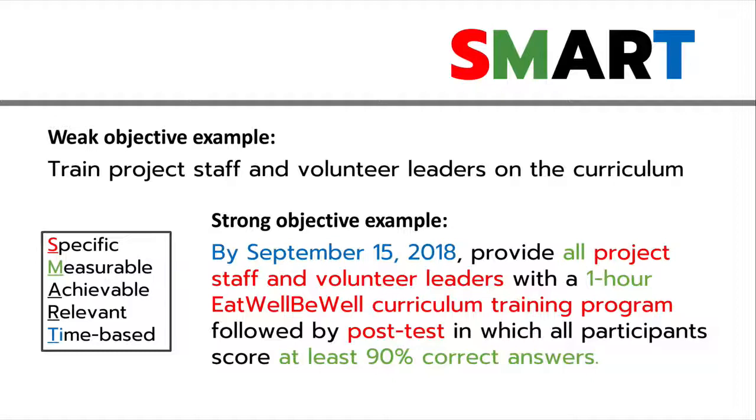It's 1 hour. That's all we're doing. Under measurable, when we talk about this post-test, we don't want to just have a post-test. We want a post-test in which all participants score at least 90% correct answers. So we've now defined what success looks like in terms of measurability. Every one of these leaders will participate for 1 hour, and everyone will be able to respond with at least 90% correct answers to this post-test.